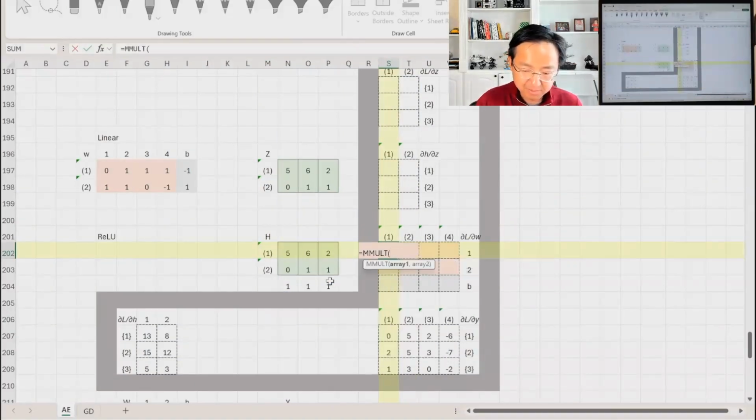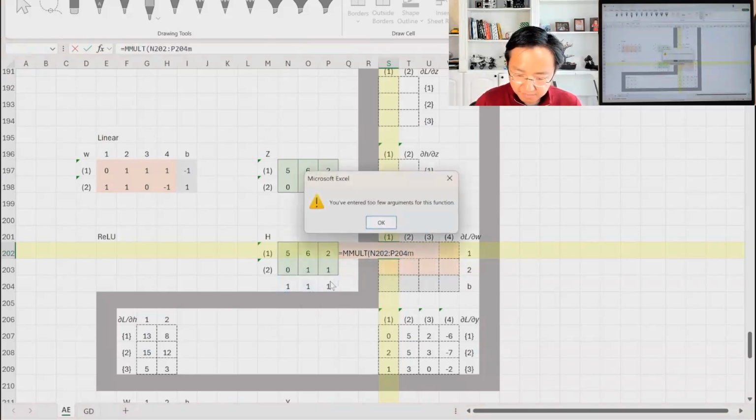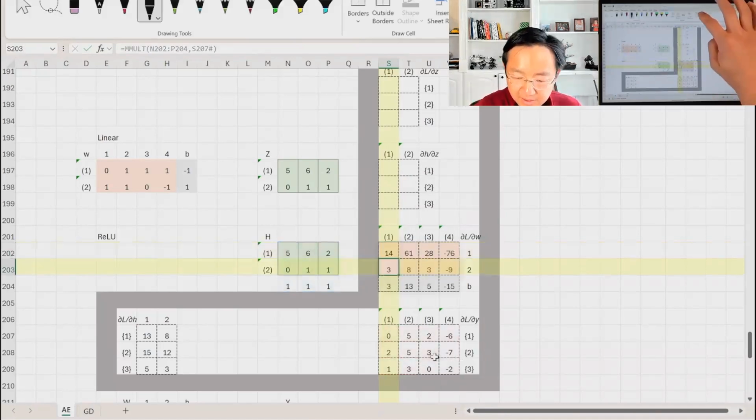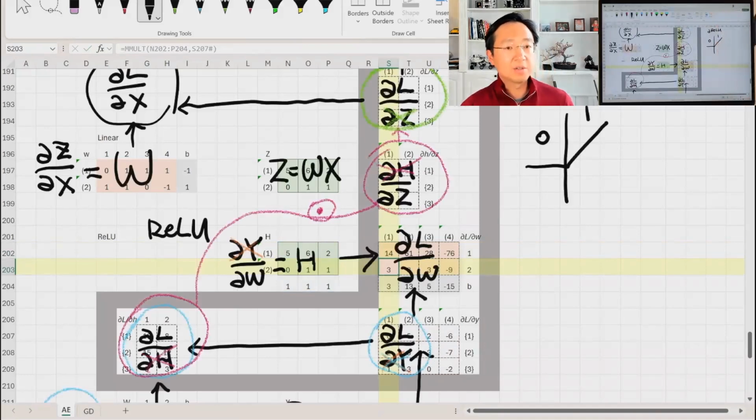Let's slow down a little bit. Select this one, and comma, go down and select this. Okay, so I calculate. What is this again? So this is the loss gradient with respect to weight. That's what we really need because we need that to update the weights.